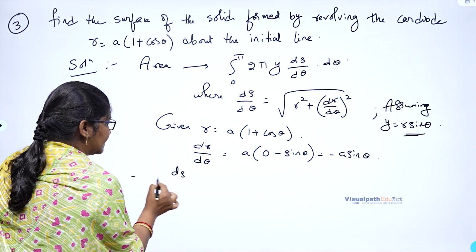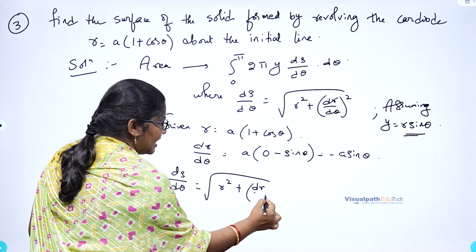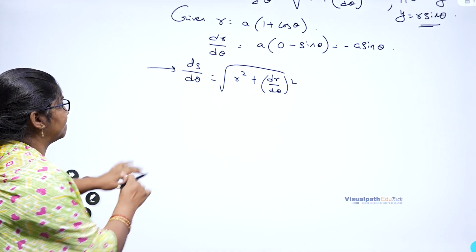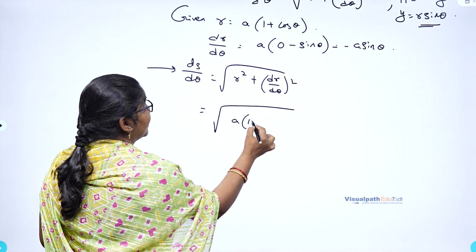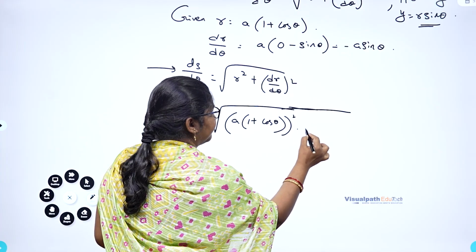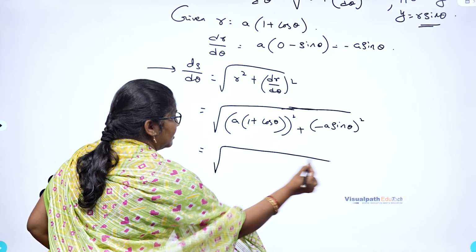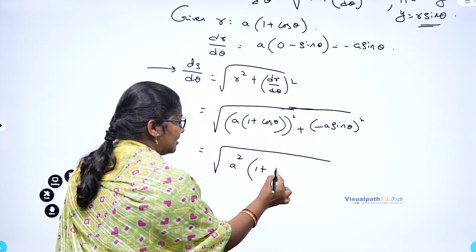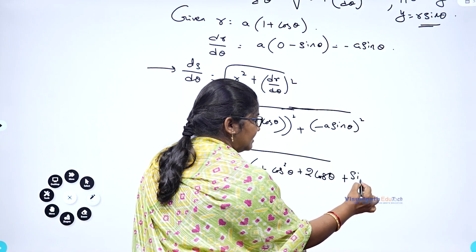Now ds by d theta is under root r square plus (dr by d theta) whole square. r square means (a into 1 plus cos theta) whole square plus (minus a sin theta) whole square. a square is completely constant throughout this: 1 plus cos square theta plus 2 cos theta plus sin square theta.